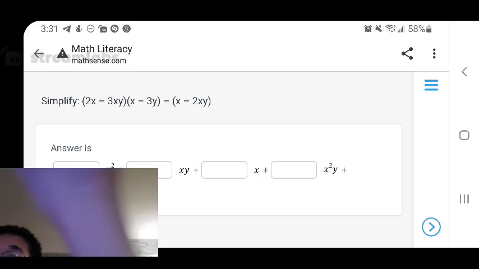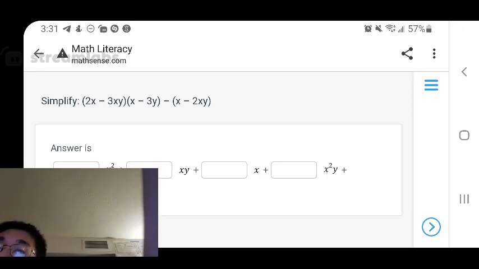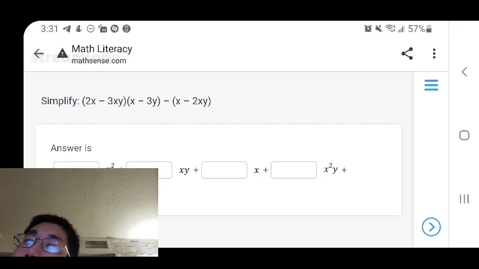The first one is 2x squared, and then what do you want next? xy. xy is minus 4xy. So right, negative 4. Minus x.